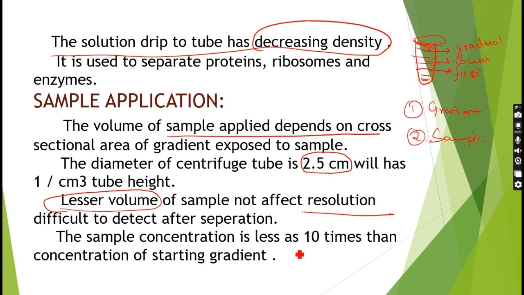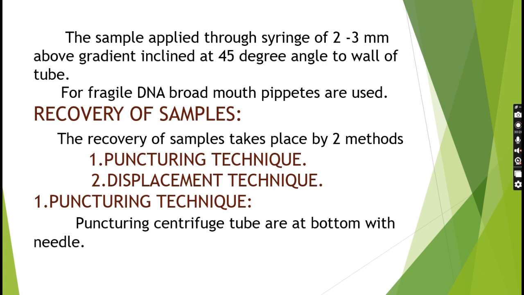The sample concentration is 10 times less than the concentration of the starting gradient, because if the starting gradient has a higher density than the sample, it may cause the sample to sediment at a faster rate. So the starting gradient concentration is going to be 10 times higher than the sample.